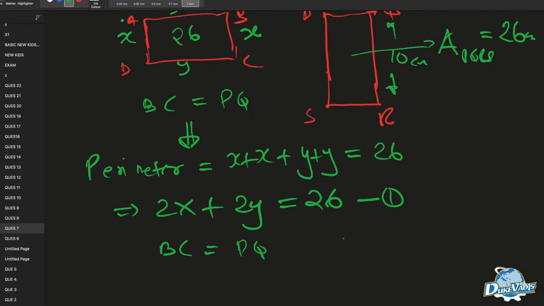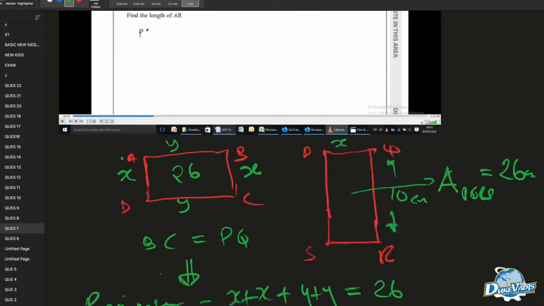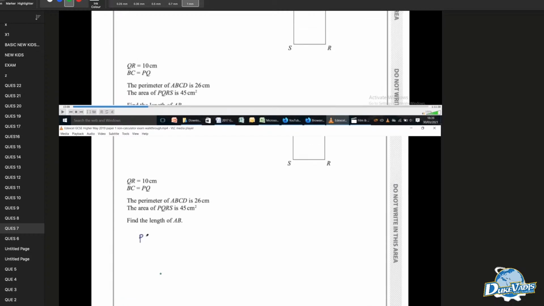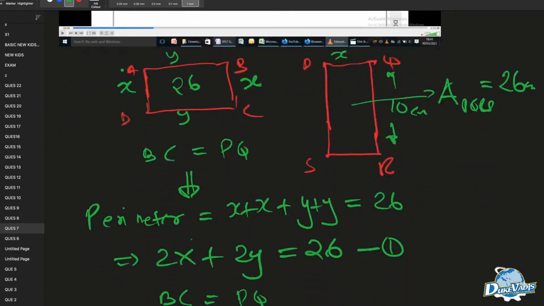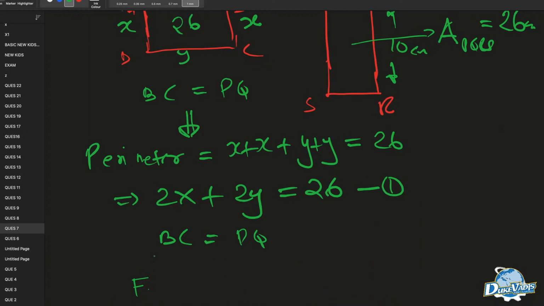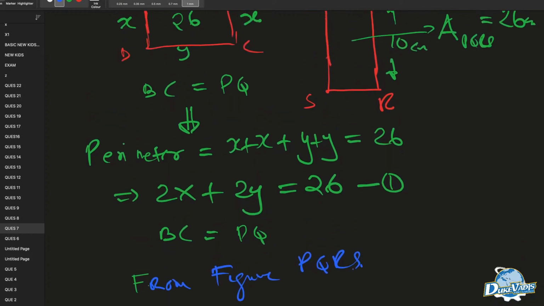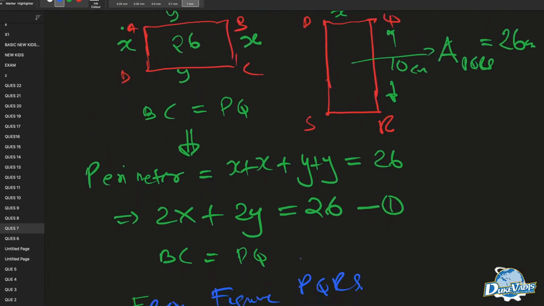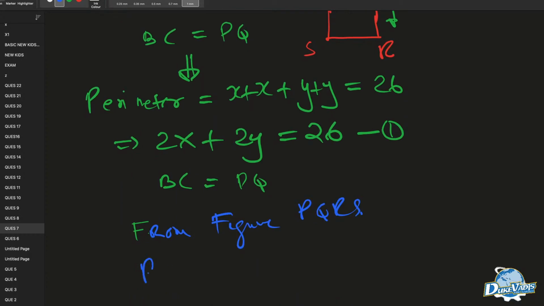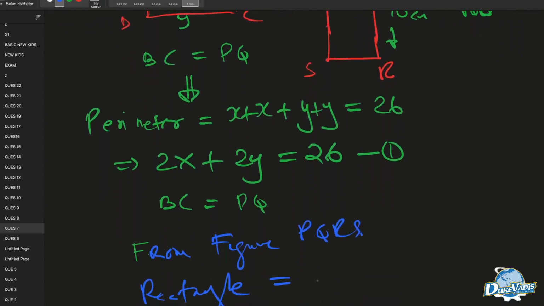We'll put it aside. From figure PQRS, we know the area. There's a rectangle, and we've been given the area.